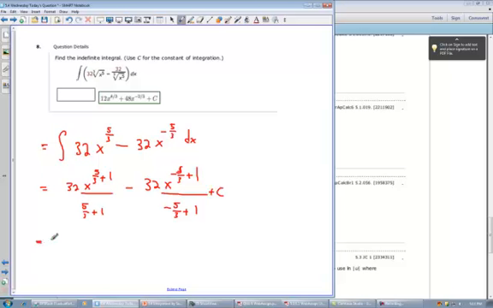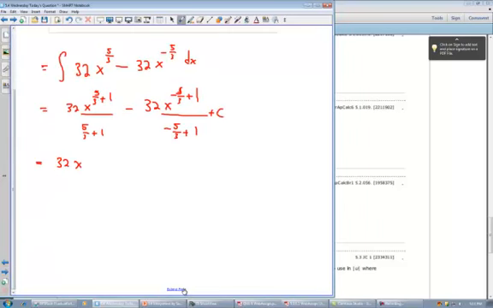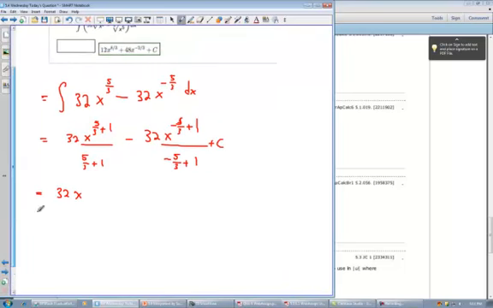All right, so now I do the arithmetic. So I have 32 x to the what? Well, 5/3 plus 1, right? 5/3 plus 1 is like 5/3 plus 3 over 3, so this is 8/3, right?